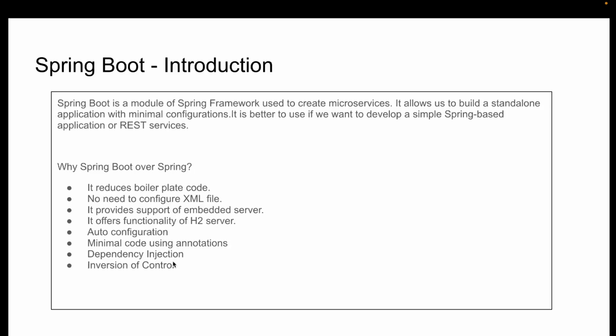Now see the scenario. You have one employee class and you have one address class, and in the employee class you have data members like employee ID, name, designation and address. So what you can do is inject that particular address class in your employee class, right?